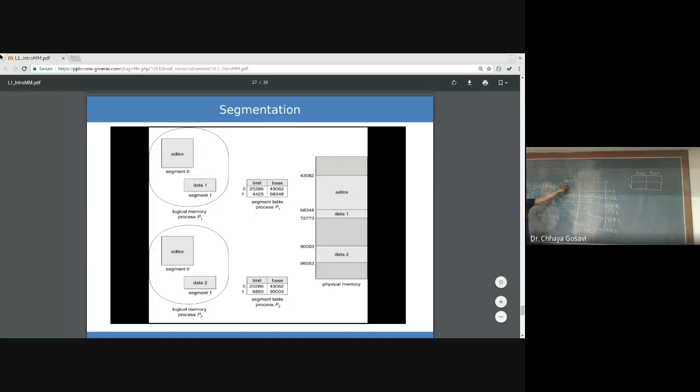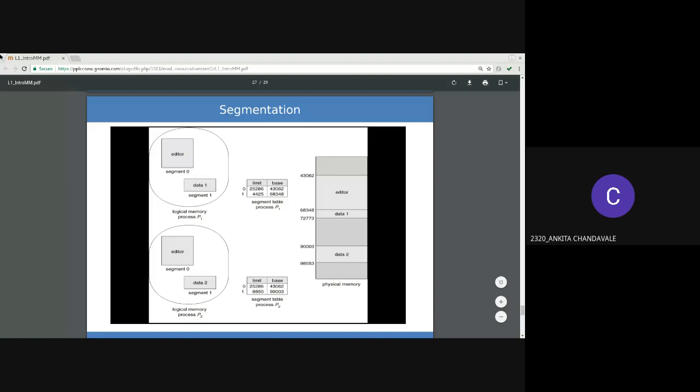I'm purposely taking different sizes instead of similar sizes. P2 is 120K, 130K, and P3 is 80K and 120K. Different segments, and I have given them names S1, S2, S3, S4, S5, S6, just to differentiate these segments. So P1 is loaded in this first block and this fourth block. This is my P1.